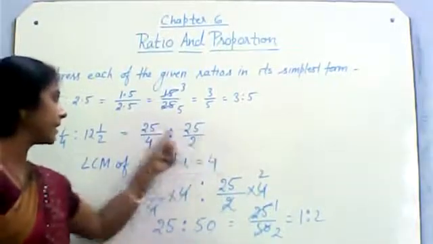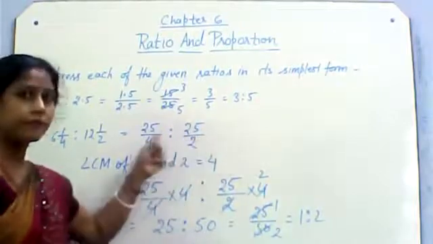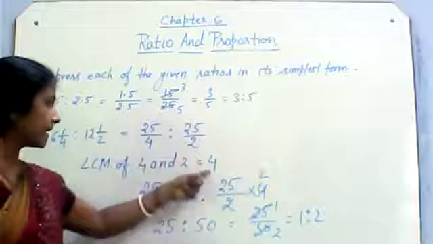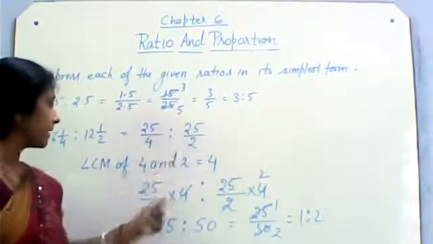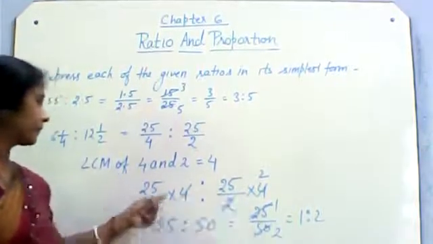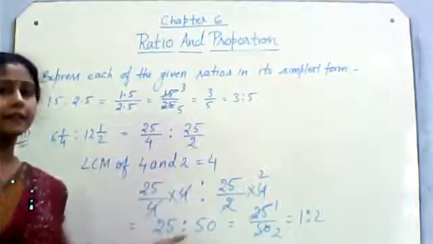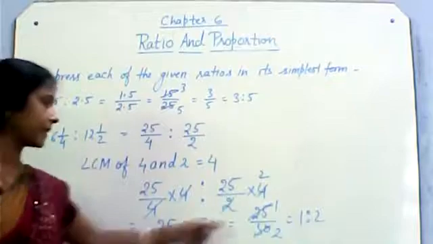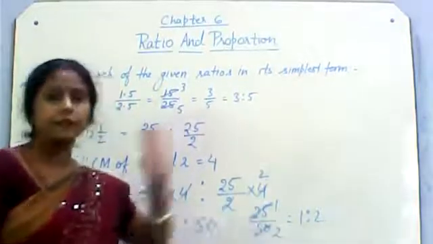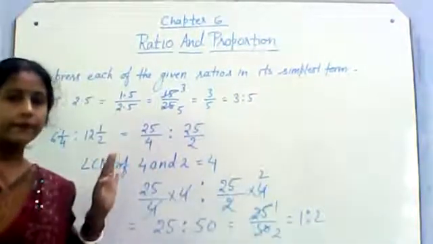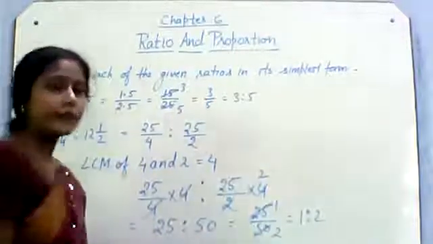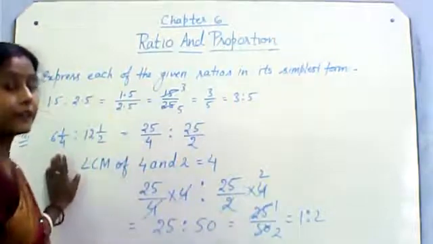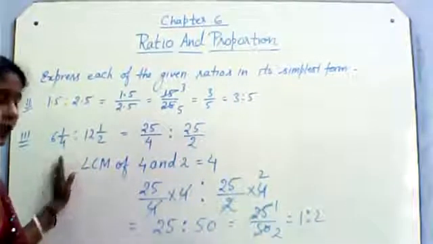This is the first term, this is the second term of the ratio. Then you cancel it and get the simplest form. Okay? This is the method to find the simplest form of ratios which are given in fractional form. Okay?